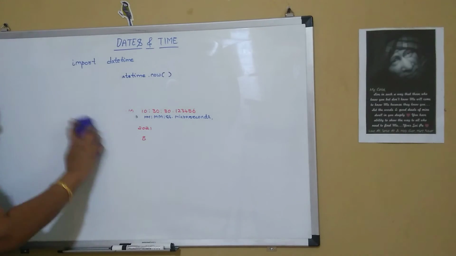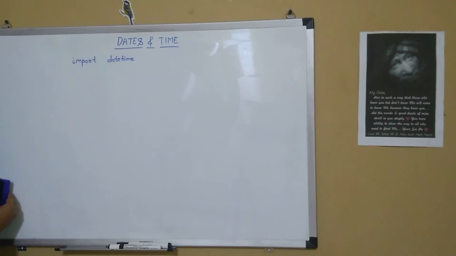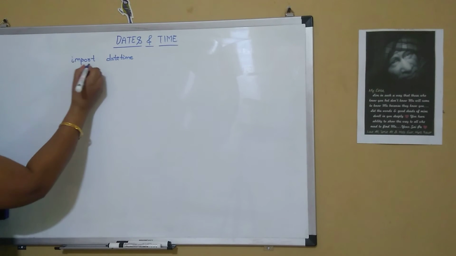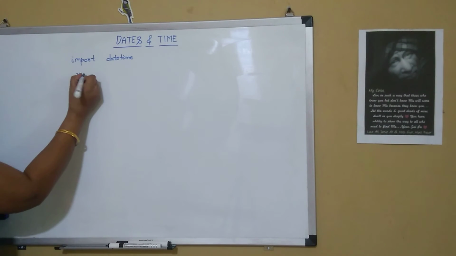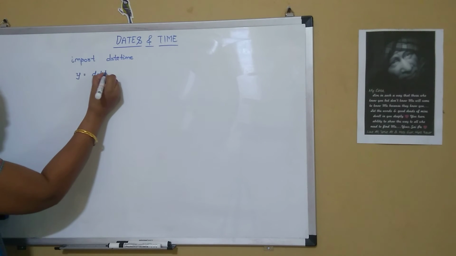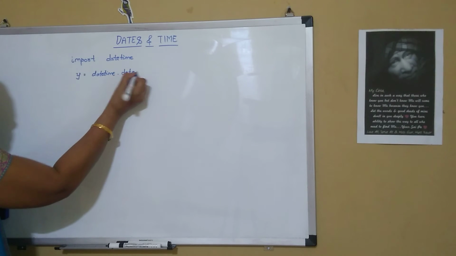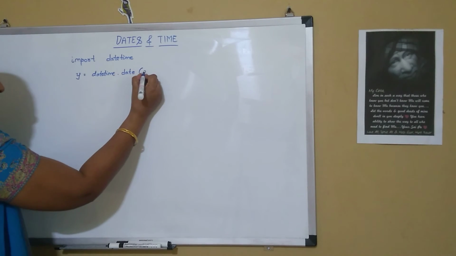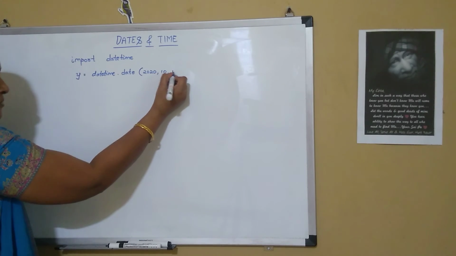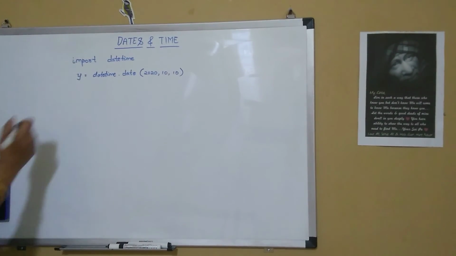Now suppose I want to create a date. Then I can go in for the date constructor. Import datetime, y is equal to datetime.date, and I can specify 2020, 10, 10.